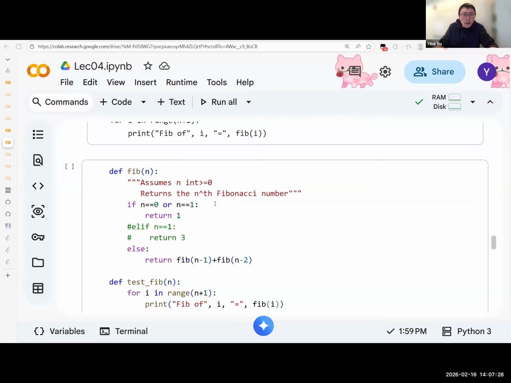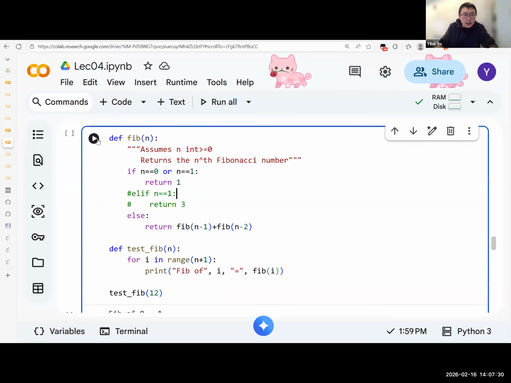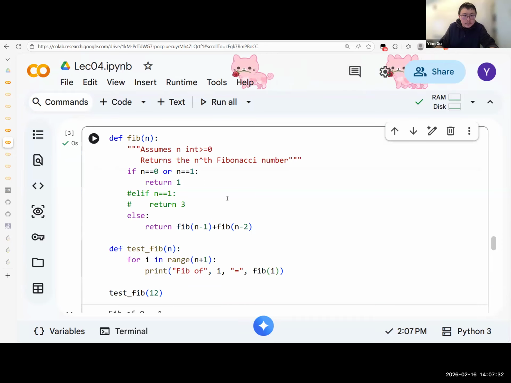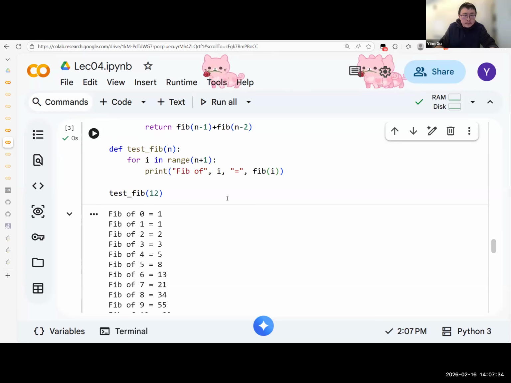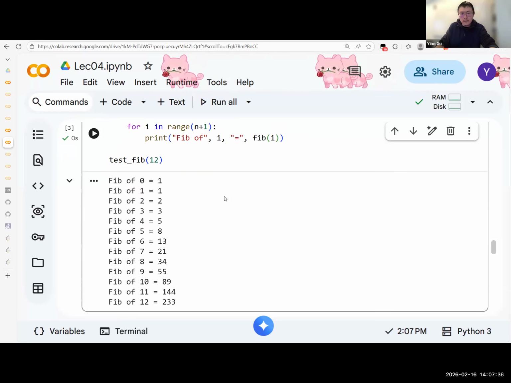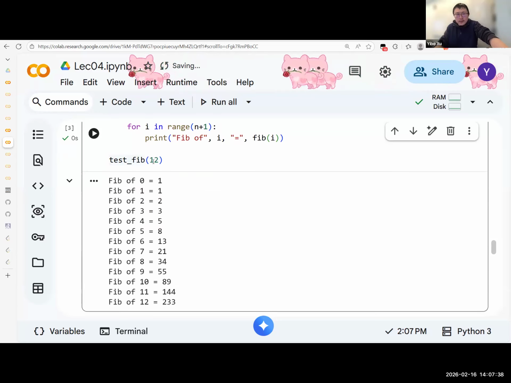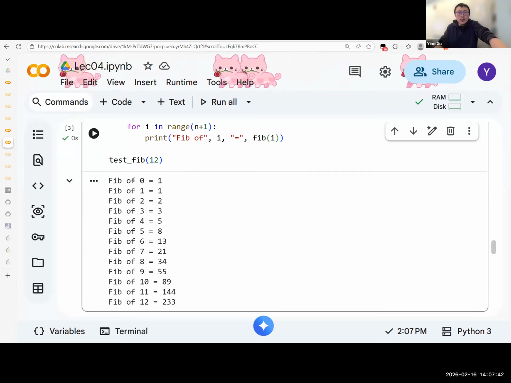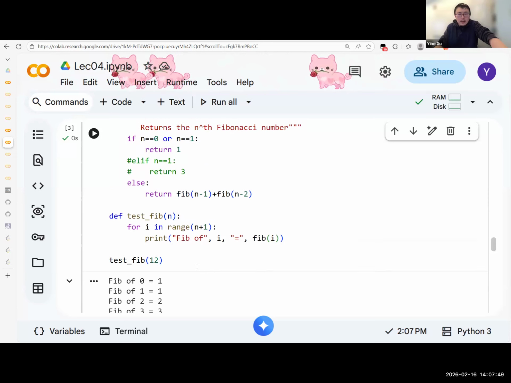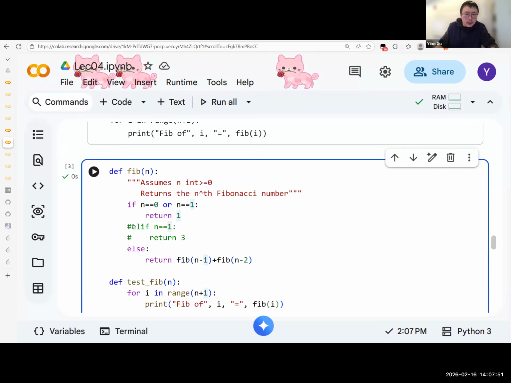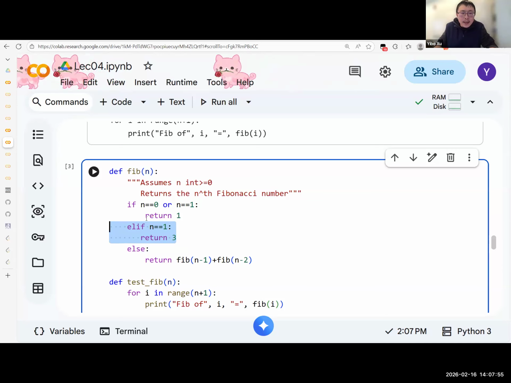So the execution here for inputs that are not really large is really efficient. So we're printing what? We're printing F0 all the way down to F12. So that's pretty efficient.